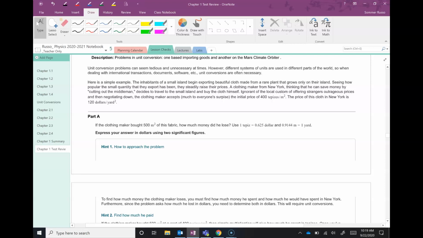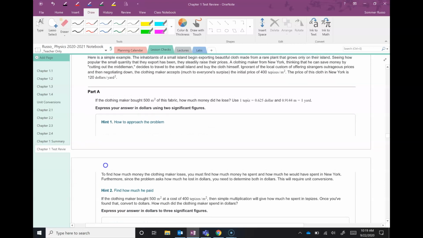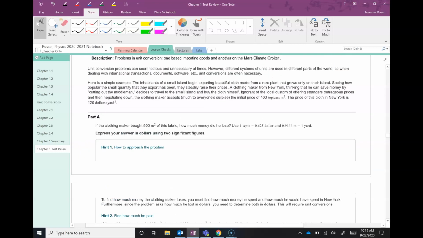Let's first of all find out how much he actually paid. We're given a couple different pieces of information. He paid 400 TEPs per square meter. He sold for $120 per square yard. He bought 500 square meters, and we have our conversion factors.